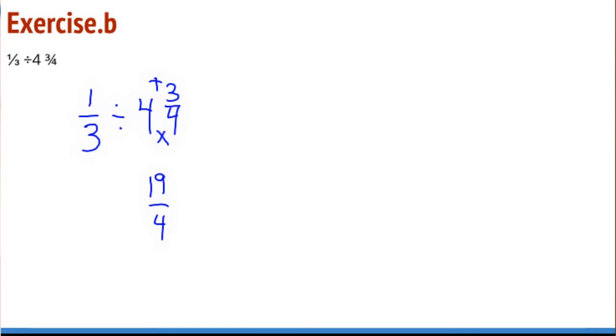All right, taking a look at the next one. 1/3 divided by 4 3/4. 4 times 4 is 16, plus 3 is 19/4. 1/3 divided by 19/4. 1/3 times 4/19.